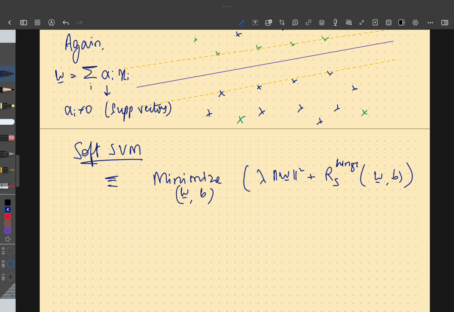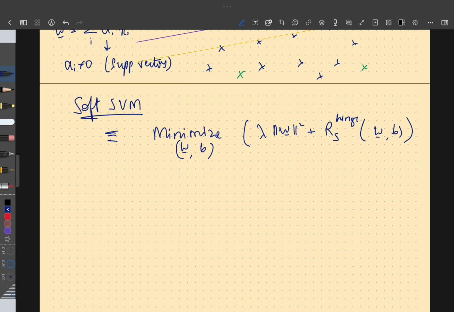It's an unconstrained optimization problem. And what is this R_S hinge?